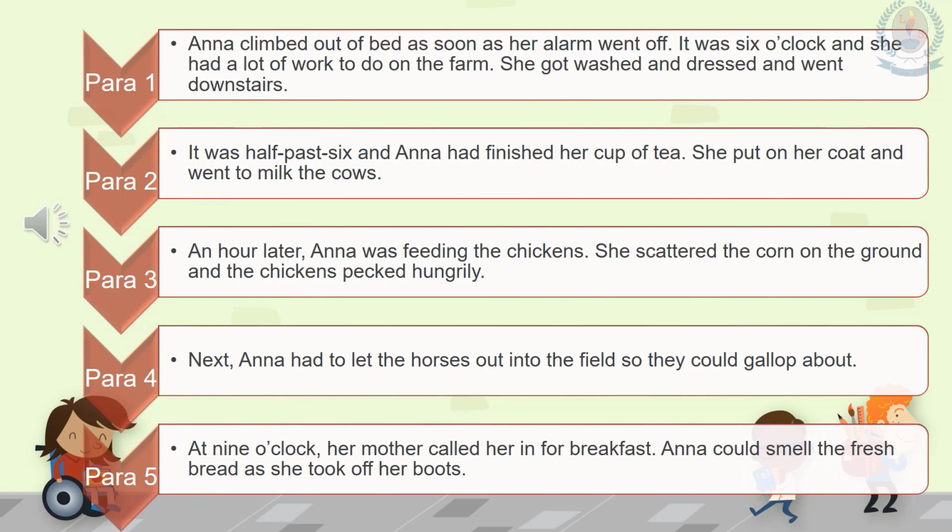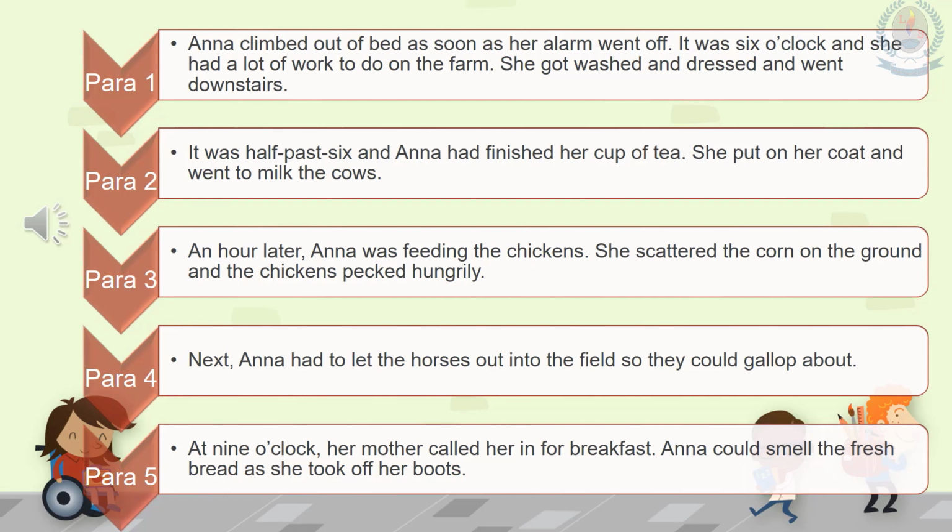Paragraph number 2. It was 6:30 and Anna had finished her cup of tea. She put on her coat and went to milk the cows. So there also you get the time mentioned, and it continues with the first paragraph and tells what Anna did after she finished her cup of tea.